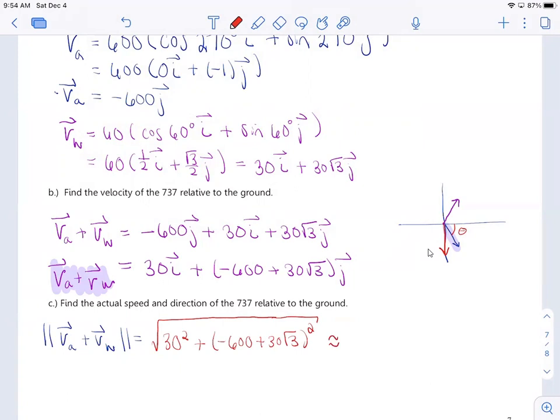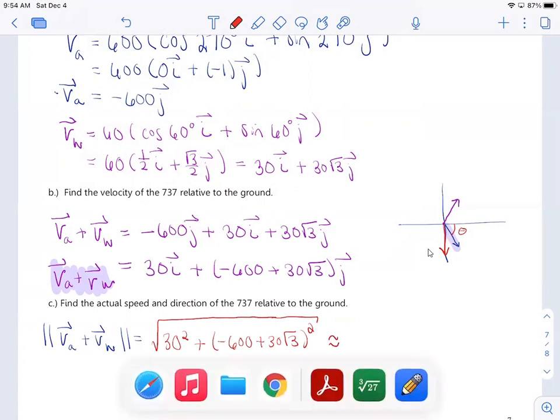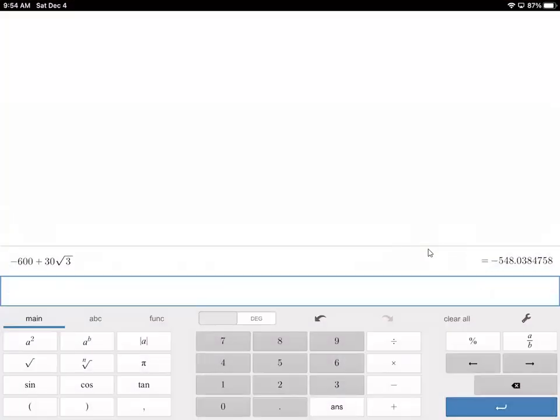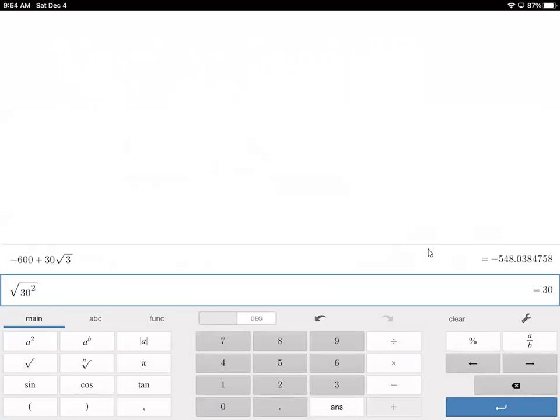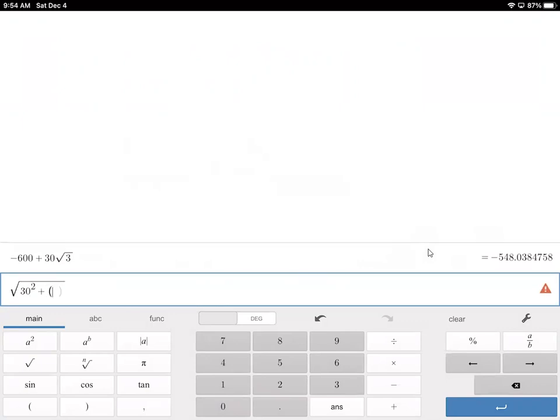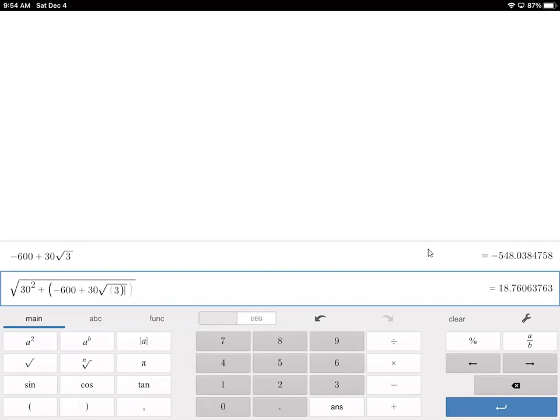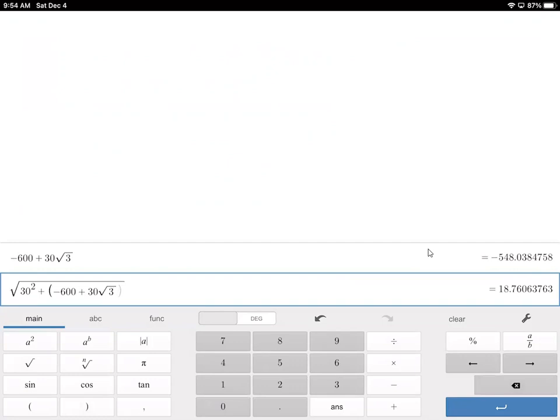And I am definitely going to rely on Desmos for this. So it's a square root, 30 squared plus, I'm going to put in parentheses, negative 600 plus 30 root 3, close that. Be careful of closing these things. They can get a little, yeah, and then square that.